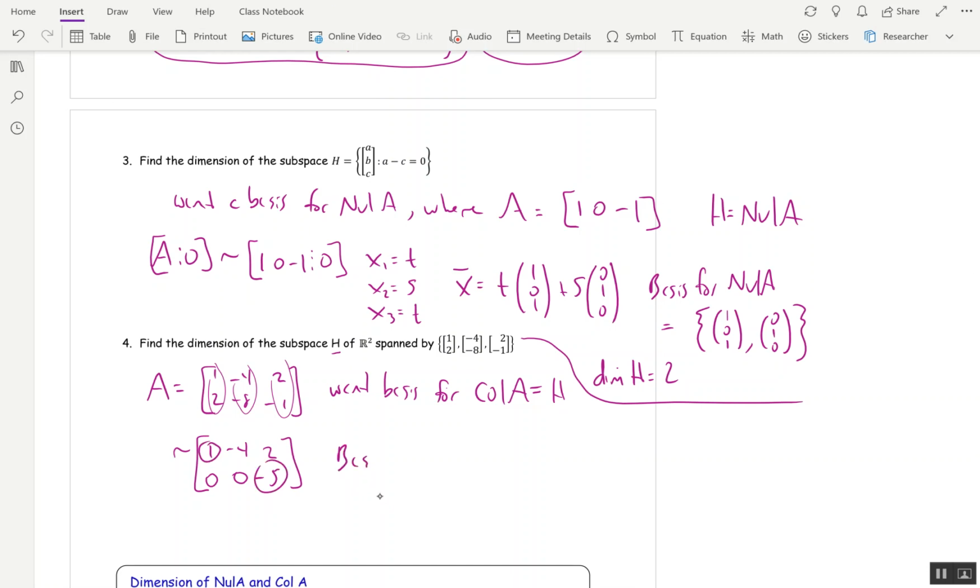So a basis for H, which is col A, is, we want the first two columns of A. 1, 2, sorry, the first and the third, and 2, -1. And the dimension of H is 2.